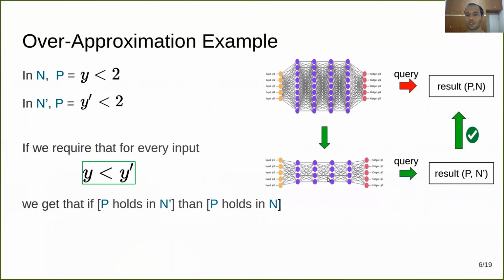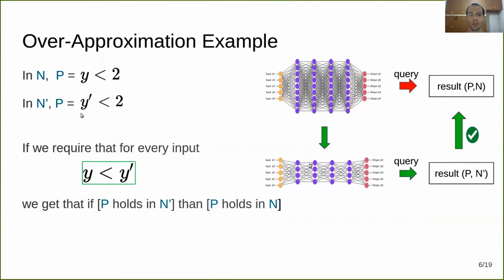In our approach, we generate a smaller network such that if the property holds in the over-approximation, it also holds in the original network. Why? Because we require that for every input, the output of the over-approximation will be greater than the output of the original network.